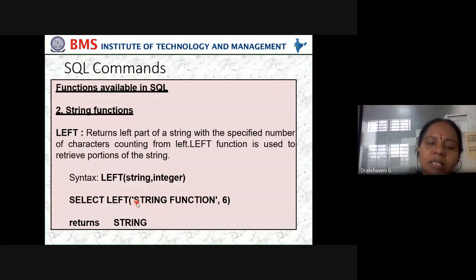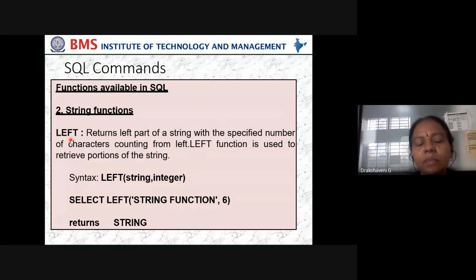Start from the left part of the string and count. This is what is called LEFT. It returns the left part of the string with a specified number of characters. Here we want 6 characters, so this line will return a string as the output.